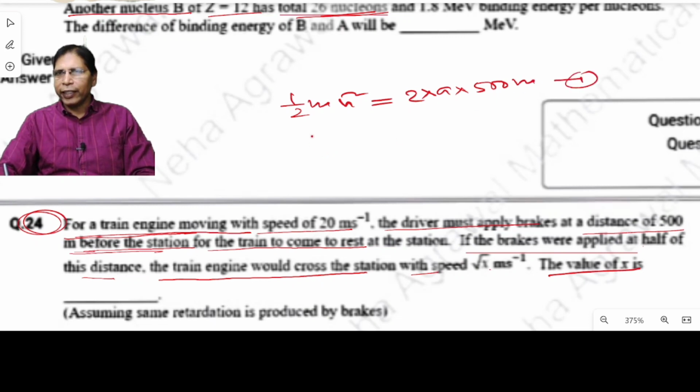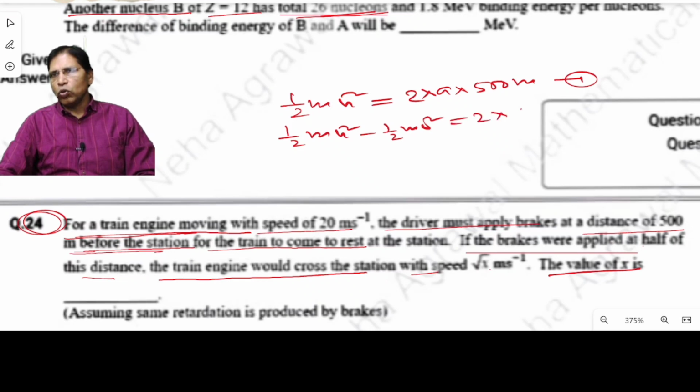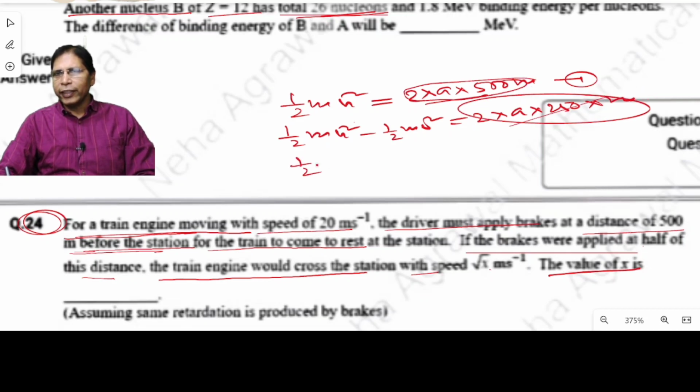Now in the second case, half mu square minus half mv square equals 2 into a into s, where s is 250, into m. Now this value is half of this. So half mu square minus half mv square is half into half mu square.